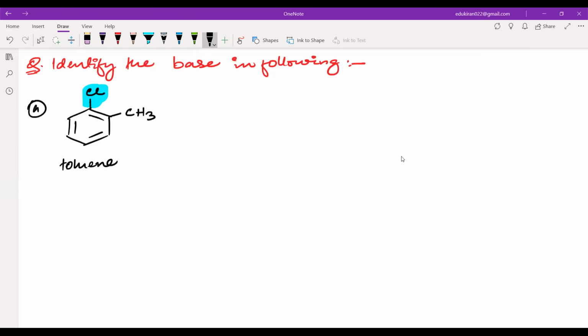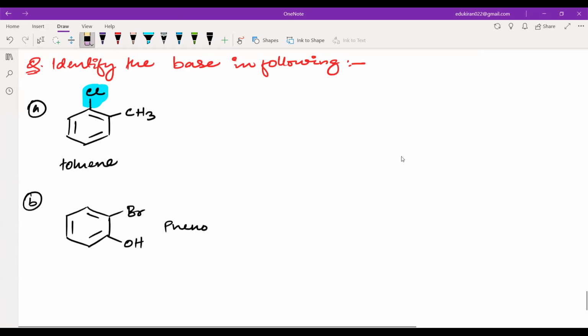Now, all of you can identify. If I give you some more questions, tell me. Tell me for this one, all of you. What is the base here? Phenol. Very good. All of you agree?